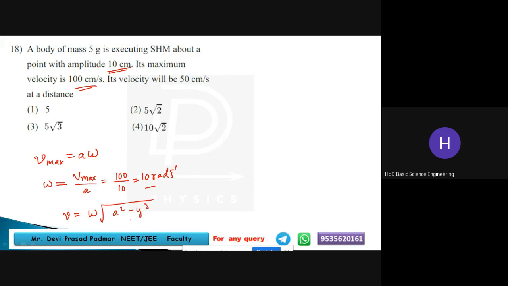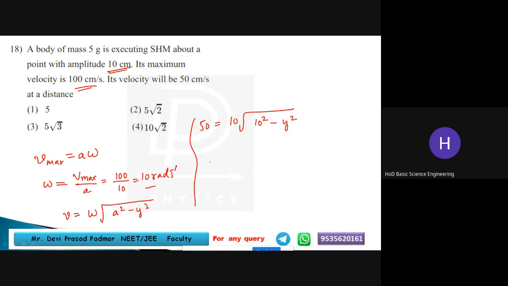So if you know omega, you can write V equal to omega root of A square minus y square, where A is the maximum amplitude. Maximum amplitude is given, right? So just substitute the values. V is given as 50, that is equal to 10 root of A square minus y square.